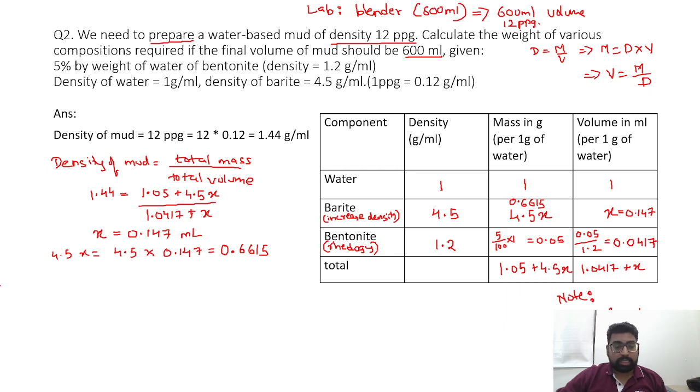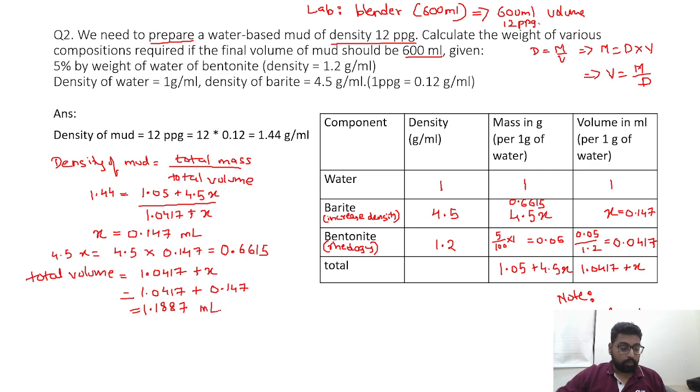But if you look at this, what is the total volume now? Total volume is 1.0417 plus x, that is 1.0417 plus 0.147, which is equal to, let us do the addition, 1.1887 ml.